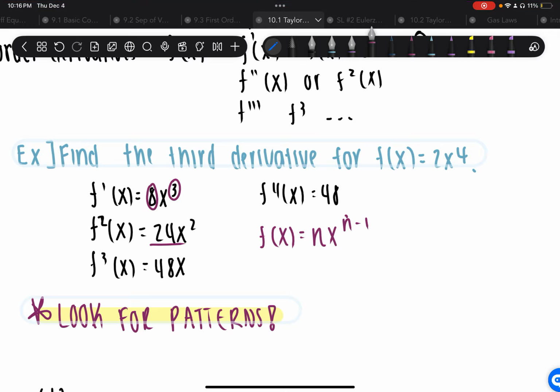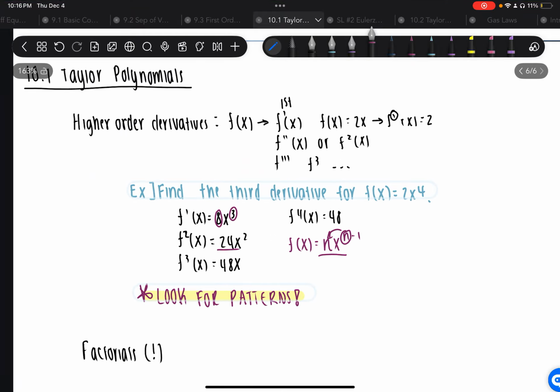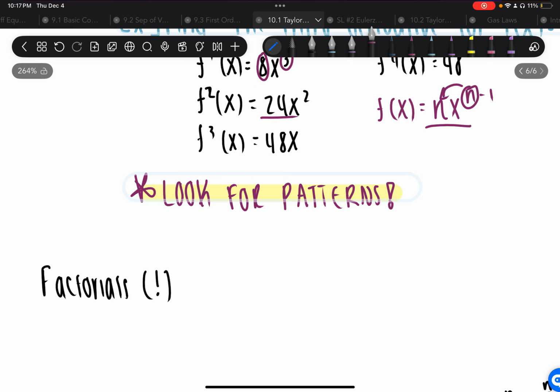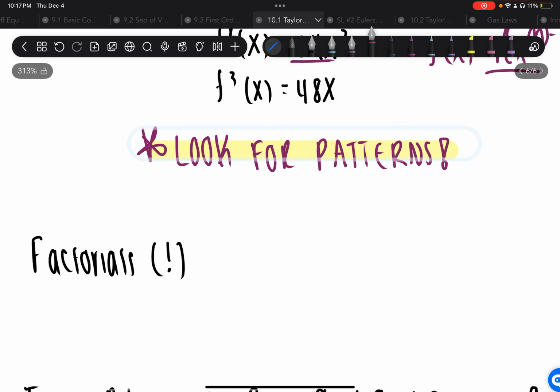So our exponent here comes out, it's getting multiplied with the coefficient in front, and then 1 is subtracted from the exponent. So we're going to need to know how to find higher order derivatives as well as look for those patterns.